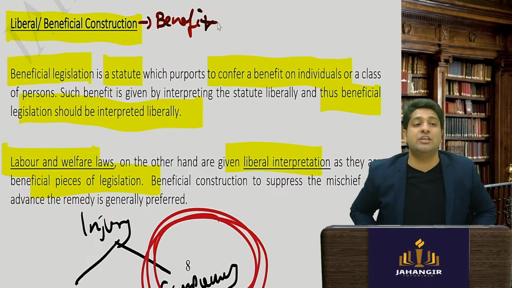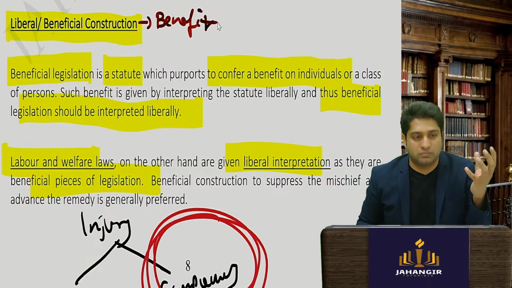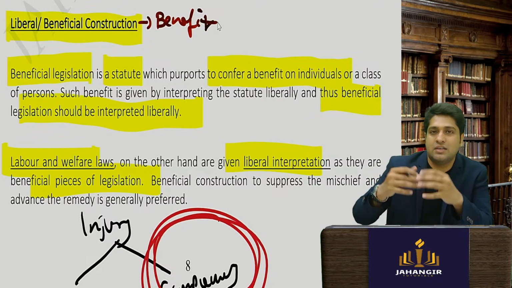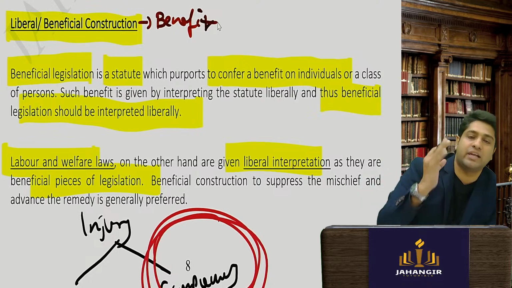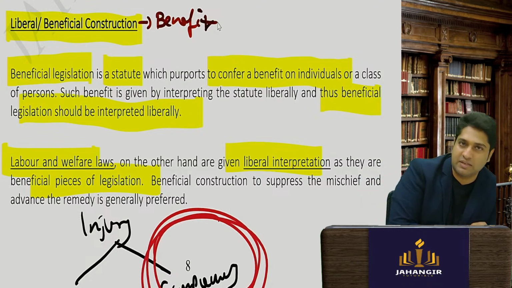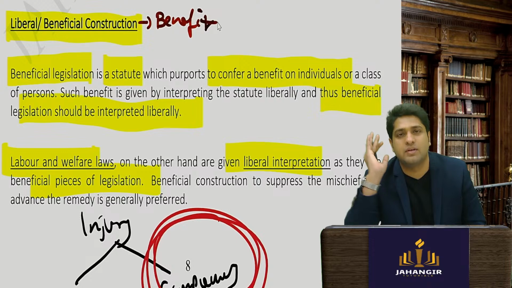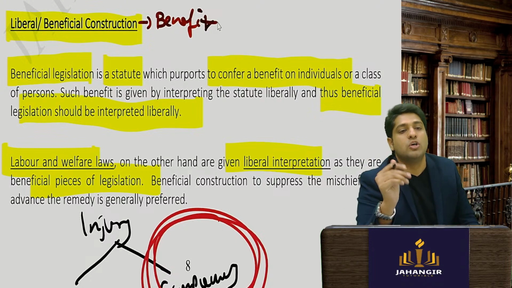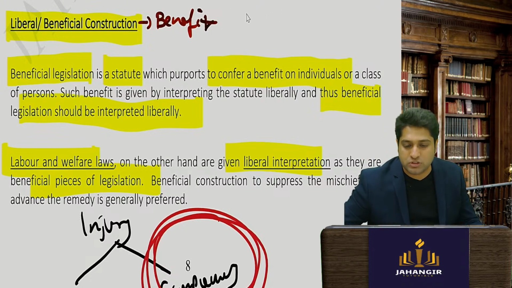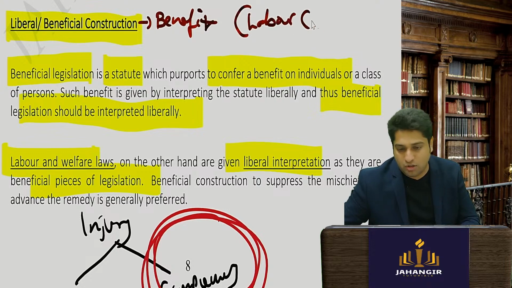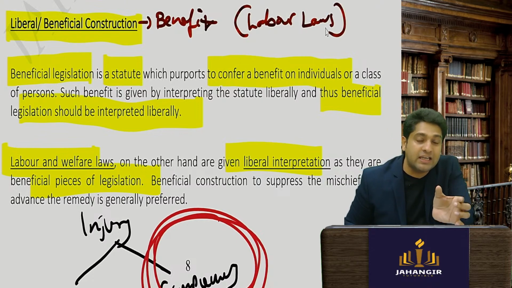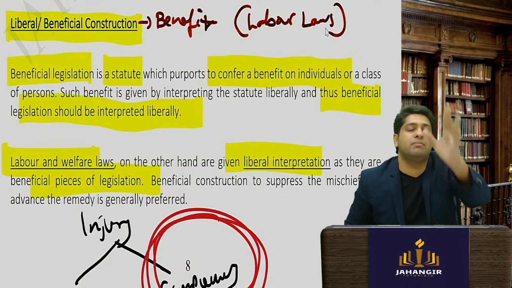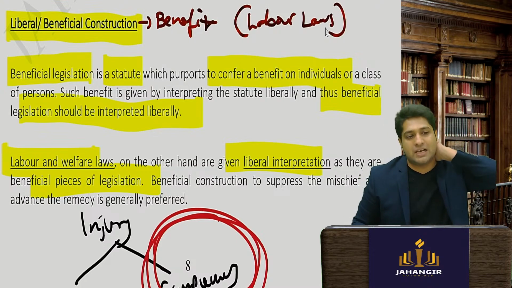So beneficial statutes are given liberal construction, that is easy going, we try to be liberal, not very strict with respect to the meaning of the words. We will say, listen, give them benefit. This will come mostly in labor law cases. What we do is try to extend, so even if he is not strictly coming into the definition, we will try to give him benefit. I'll give you an example also.